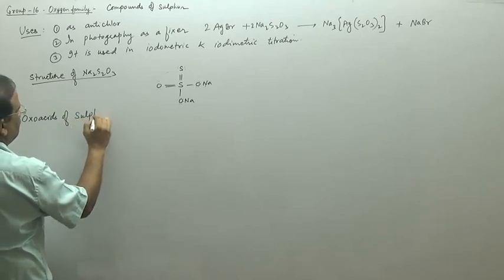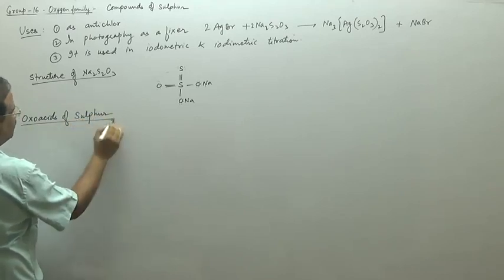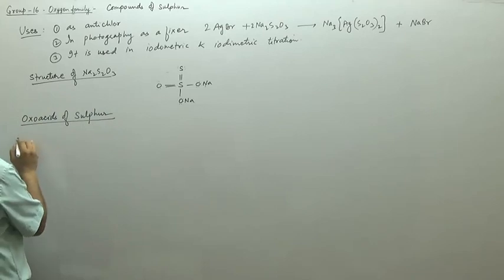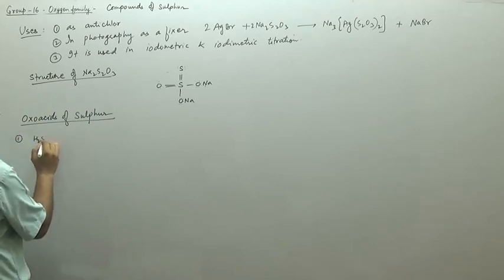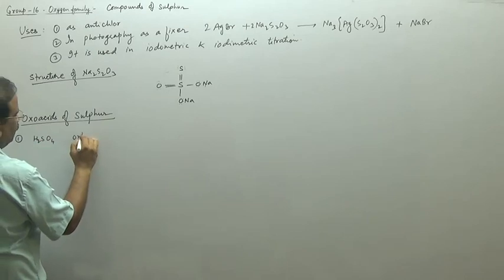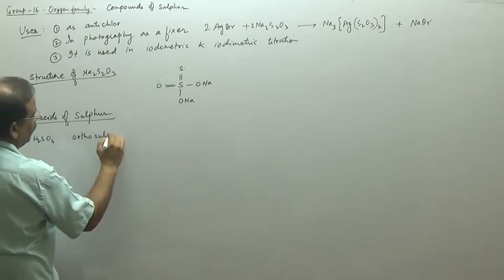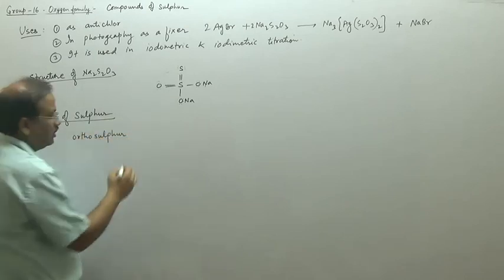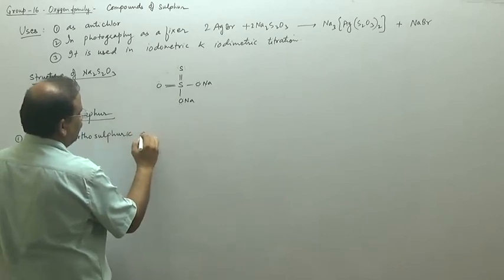One is H2SO4. This is orthosulfuric acid. We know that the normal acid is called the ortho acid, orthosulfuric acid.